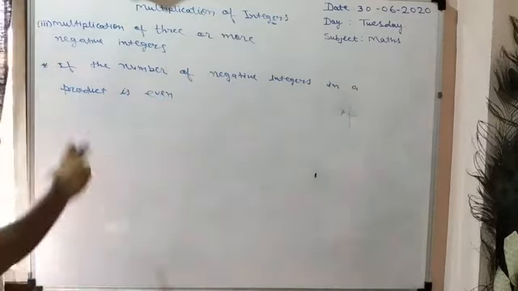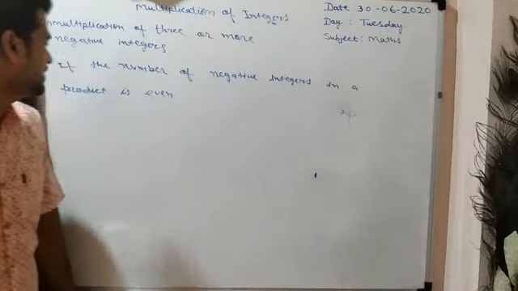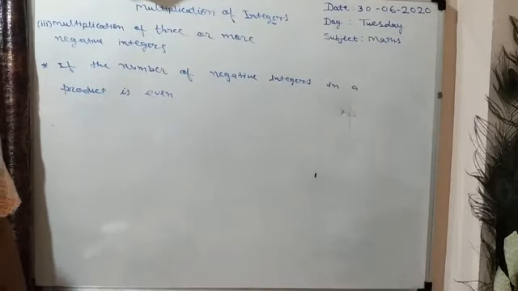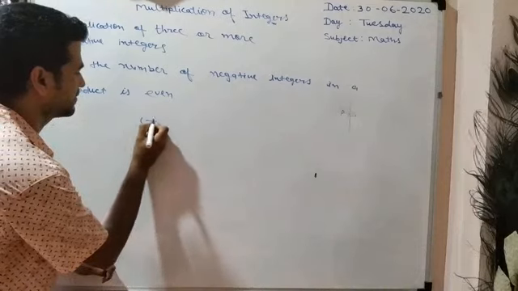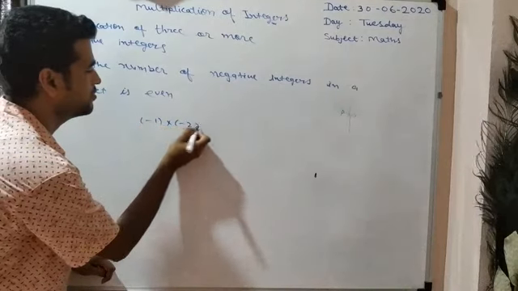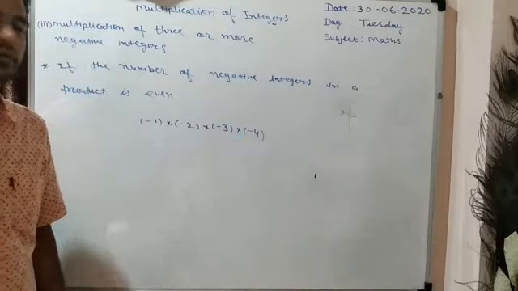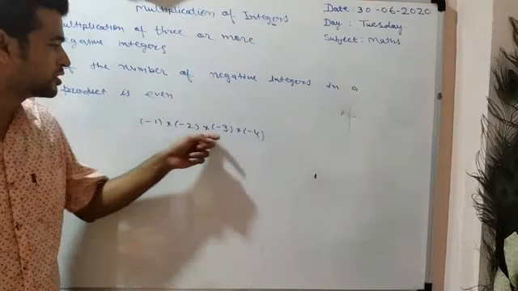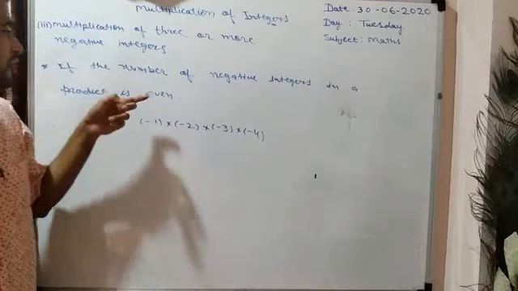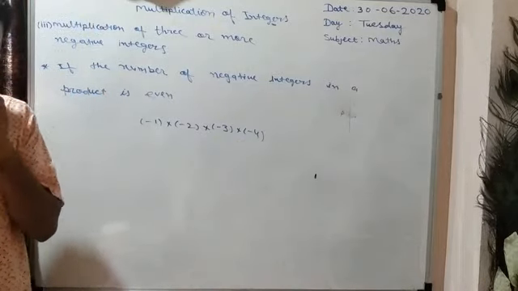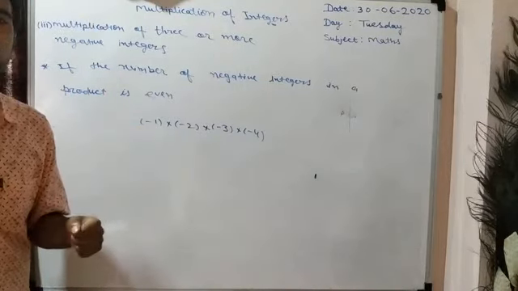As we have seen in the earlier question, -1 into -2 into -3 into -4, how many negative integers do we have? 1, 2, 3 and 4. 4 is even.